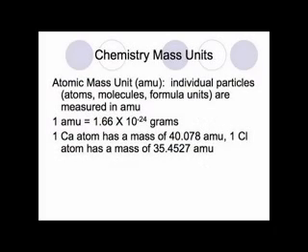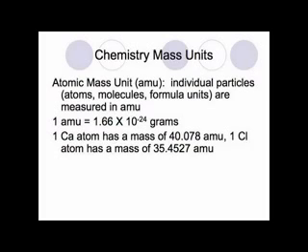The first chemistry mass unit that we want to talk about is the atomic mass unit. We have it symbolized here as an AMU. You will also see it in some textbooks as just U. And individual particles, such as atoms, molecules, or formula units, are measured in AMU. And the definition of an AMU is actually 1/12 the mass of a carbon-12 atom.